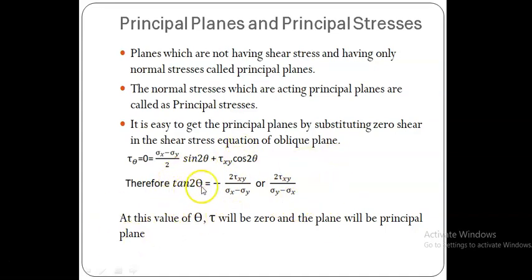Yes, so let us find. In this equation I put tau theta equal to 0 and therefore I get the equation tan 2 theta equal to 2 tau xy divided by sigma y minus sigma x. At this value of theta, tau will be 0 and the plane will be a principal plane.